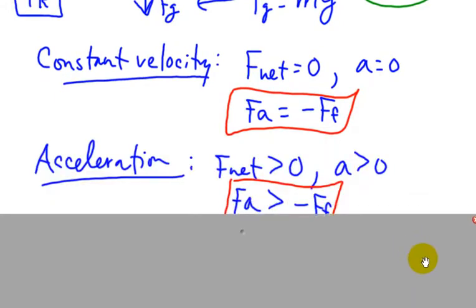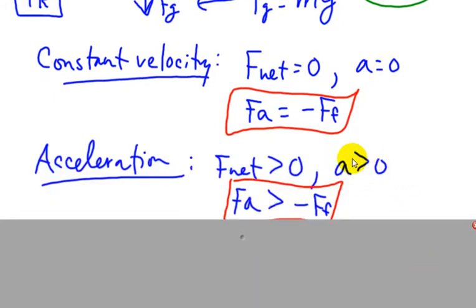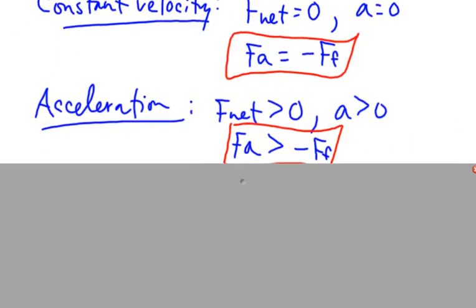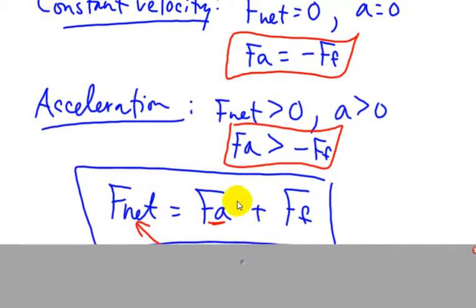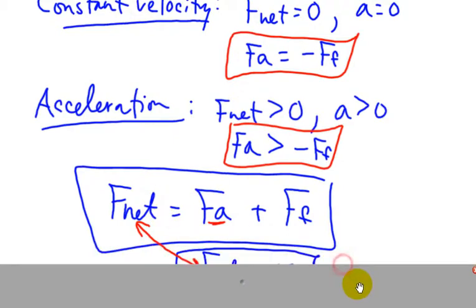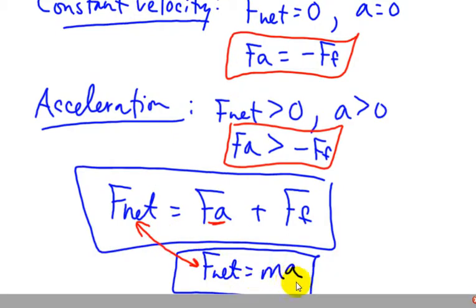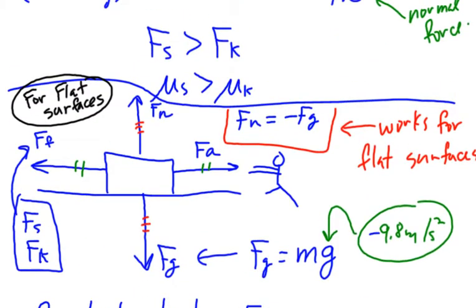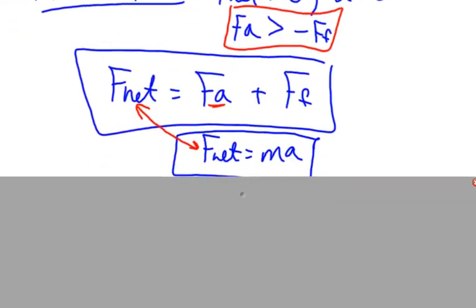If, however, we have acceleration, a is bigger than 0, then we're going to have a net force, and we're going to have our applied force bigger than our force of friction. Okay? So we would have to use this to figure out what the net force is, and then from there, mass times acceleration. So our arrow would be bigger in the Fa direction as opposed to the Ff direction.